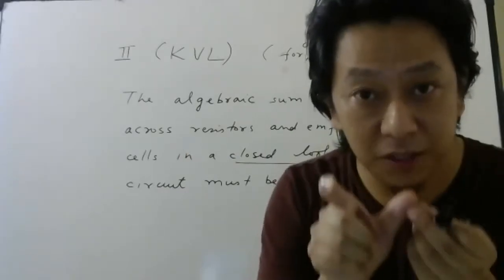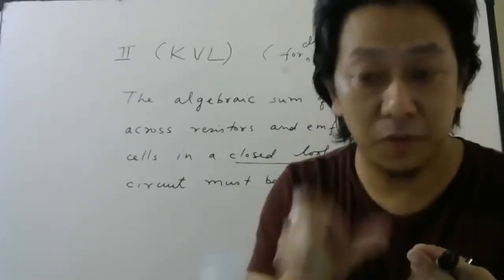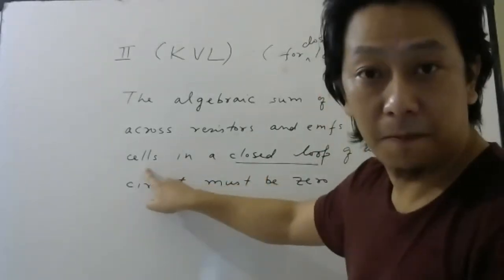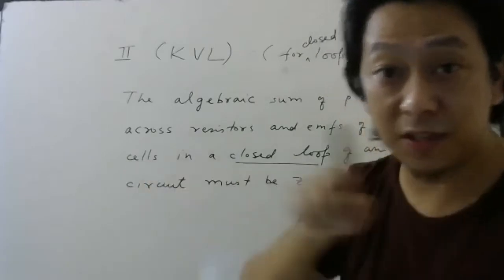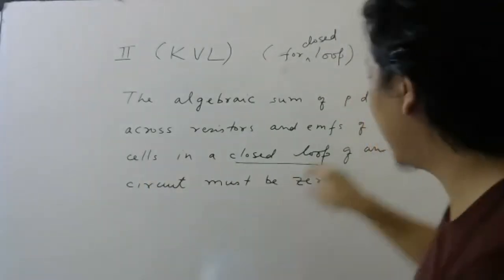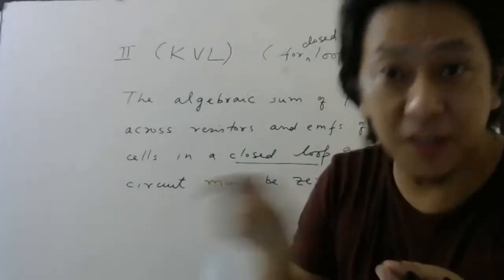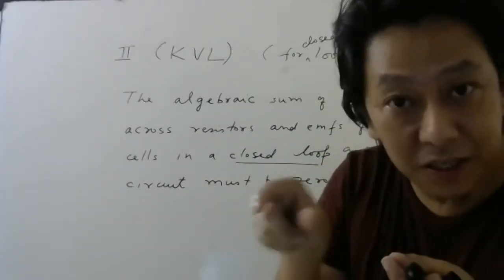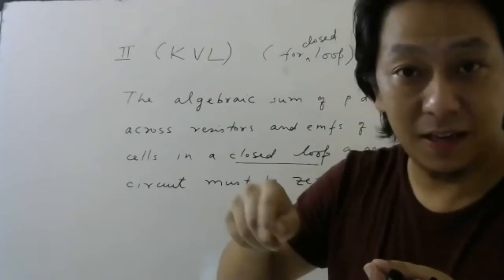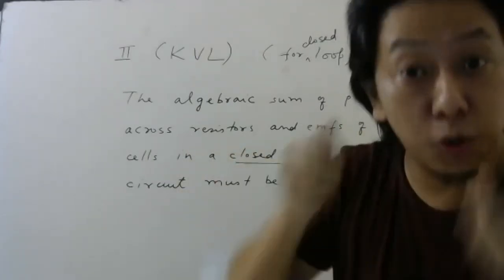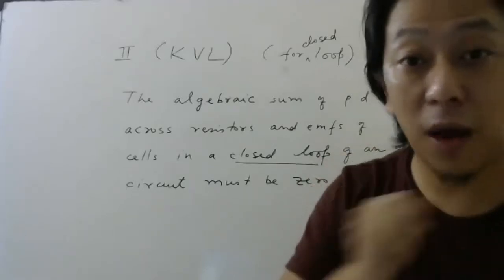So that potential difference, when you add for different resistors and for different cells, for cells we don't write I into R, for cells we write EMF. So when you add the potential differences for resistors and cells for a closed loop, then the total sum should come 0. Why should it come 0?